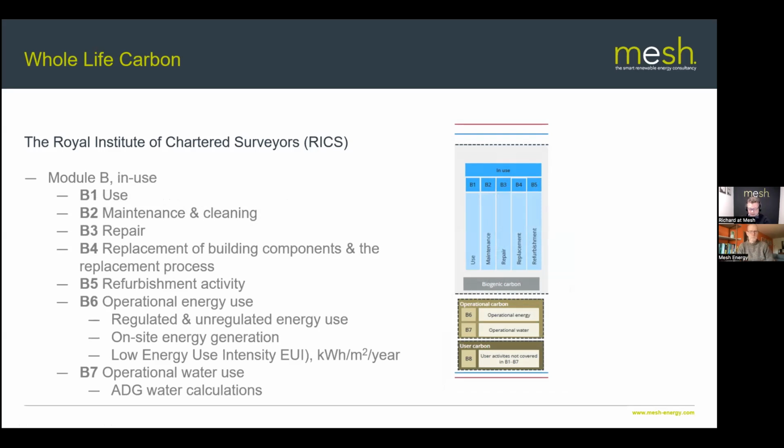Module B is the in use. So this is everything to do with the operation and maintenance of the building. It can be, say, replacement of building services plant every 15 to 25 years, for example. It can be repair, painting, maintenance, and so on.